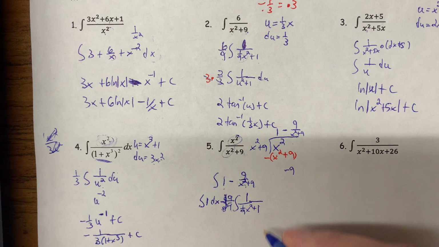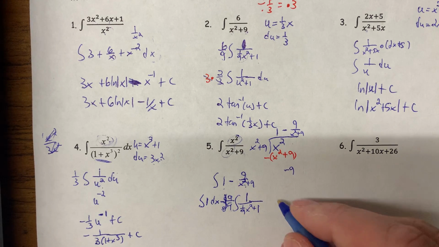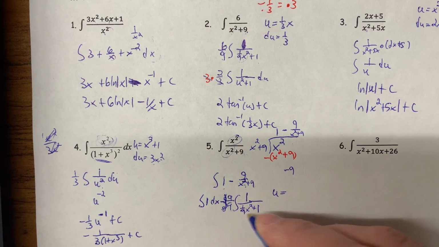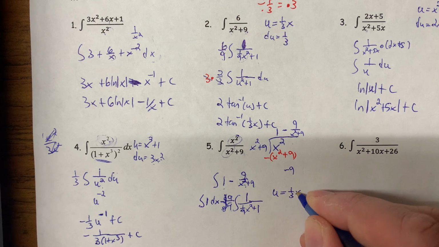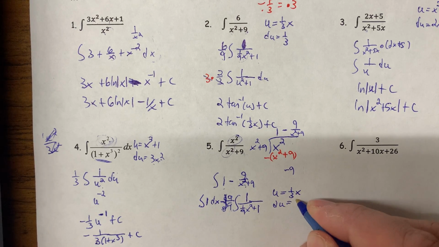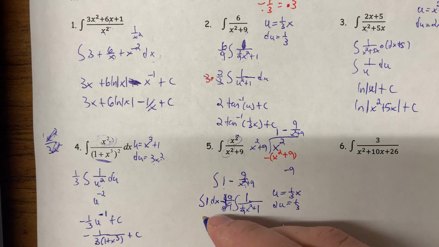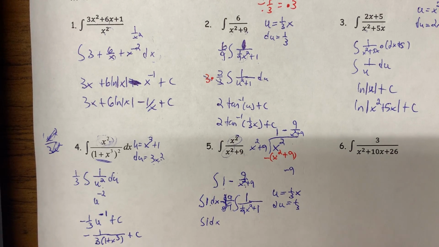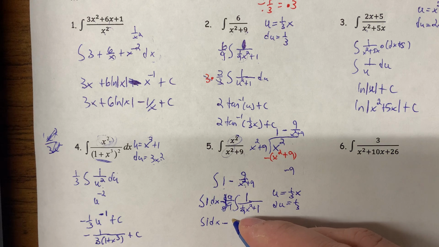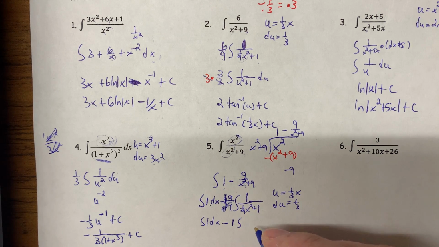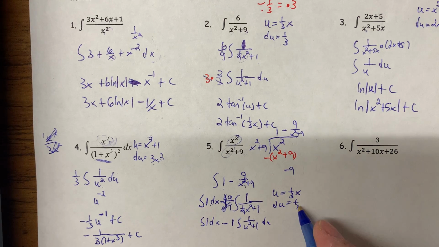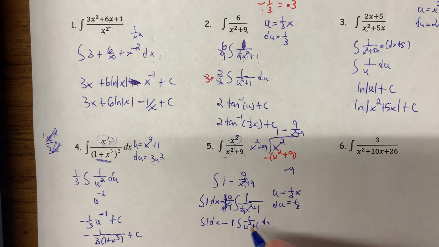This one always has to be equal to 1. And so now this is an arctangent with u equal to the square root of this. This is 1/3 of x. So du is 1/3. I'm going to leave this as the integral. I'm not going to do it yet. This was the integral of 1 over u squared plus 1 du. And to cancel out the du, I have to divide by 1/3.